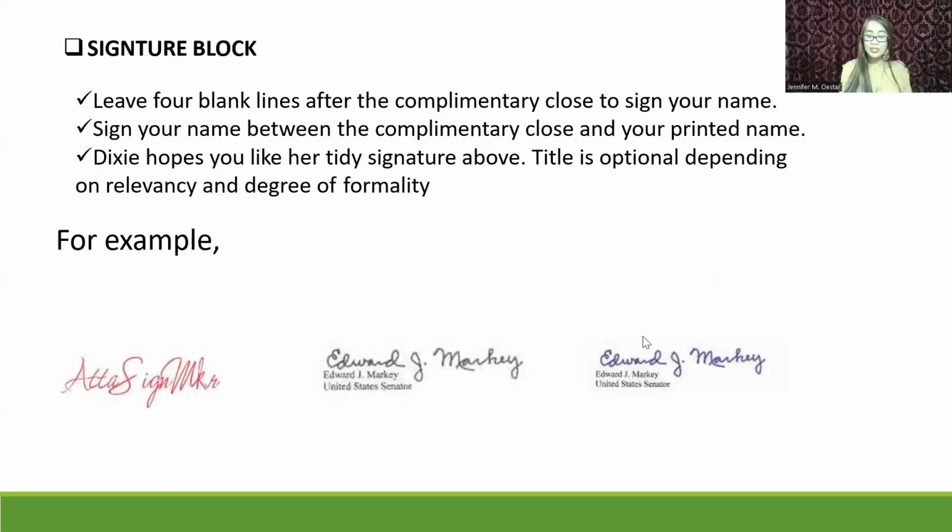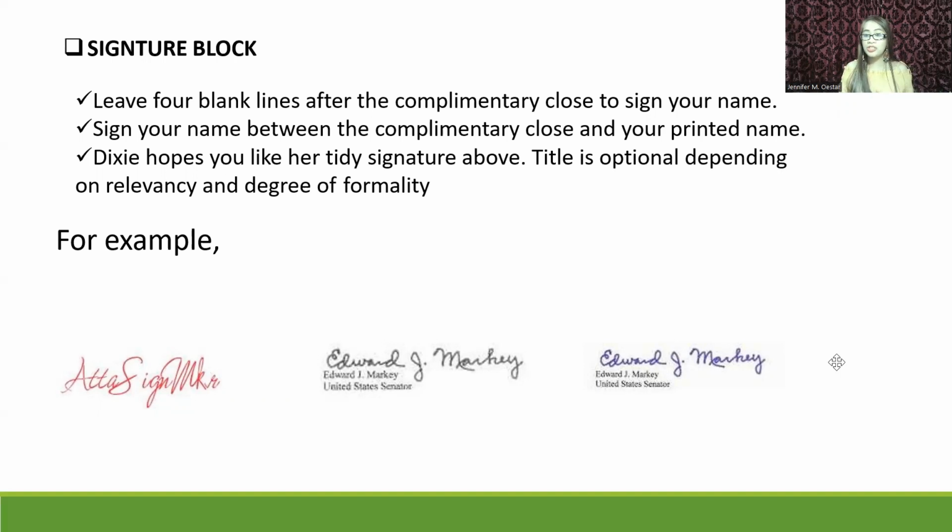Let's have the signature block. Leave 4 blank lines after the complimentary close to sign your name. Sign your name between the complimentary close and your printed name. So this one is an example of a signature line.